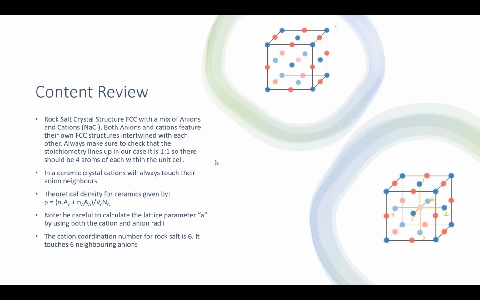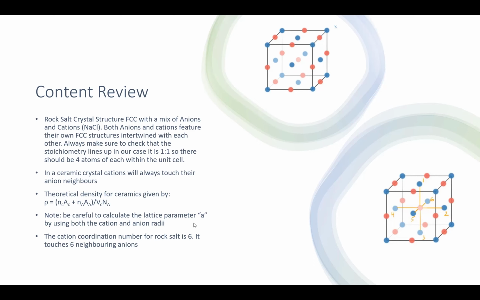And in ceramic crystals, cations will always touch their anion neighbors. You can't really see it here, but if you think of this as a large sphere, these would actually be touching. And then the theoretical density for ceramics is given by this ratio here.